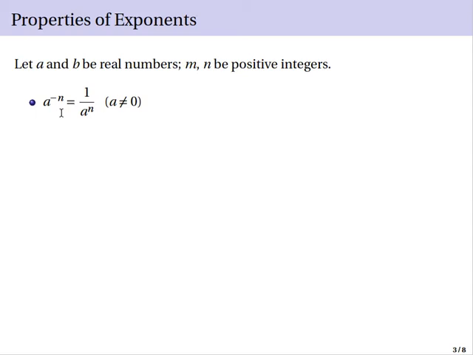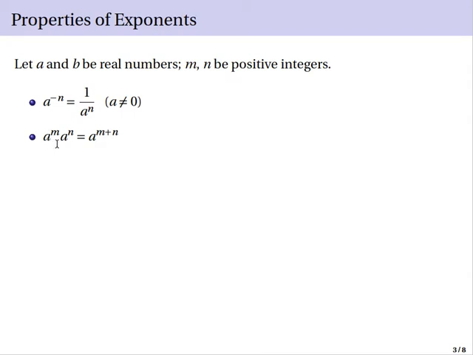And conversely, if you have an expression where in the denominator there is an exponential expression with negative exponents, you will put the expression in the numerator and then replace the exponent with positive exponent. So we will see this later in the example.